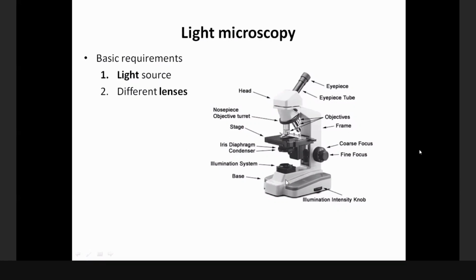One is a light source. The second is a series of lenses. Like this is an old microscope. It has a cable somewhere which connects it to an electric power source for light, and then different lenses. This type of microscope is named a monocular microscope.